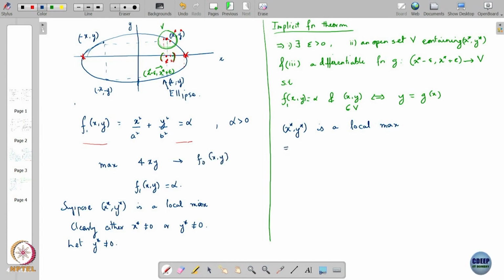This implies that f0 of x star y star is greater than or equal to f0 of x comma y for all x comma y in a small neighborhood of x star y star and lying on the ellipse.